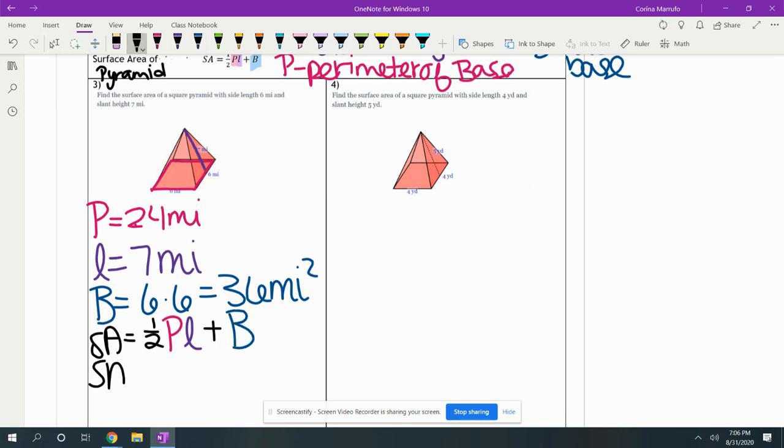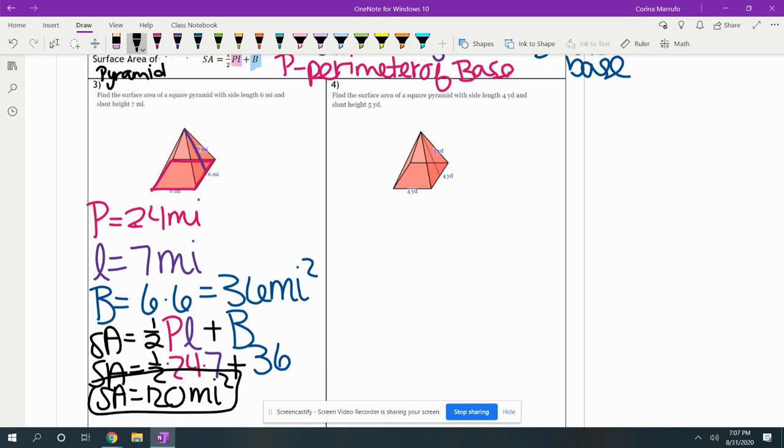Okay, so we know that our perimeter was 24, and then our slant height is 7, plus our base is 36. So we go ahead and put that in our calculators, and that gives us 120. So our surface area of our pyramid is 120, and our units here are miles squared.